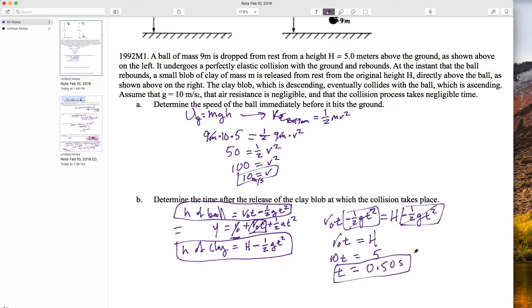So the time is indeed at 0.5 seconds. The height, we will see, is something that we are going to develop in the next question.